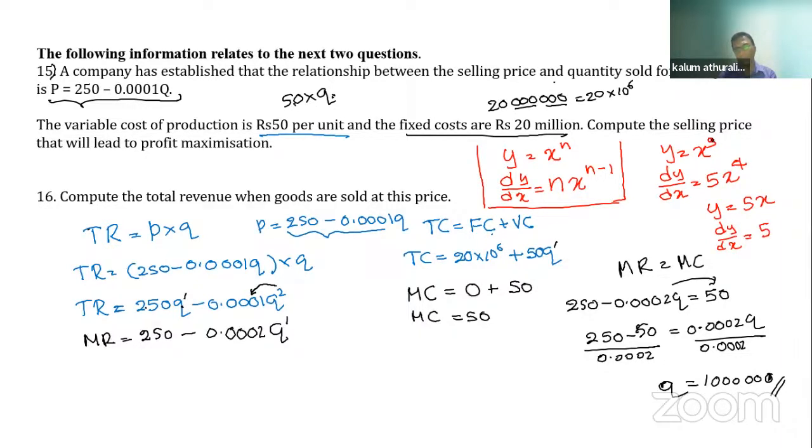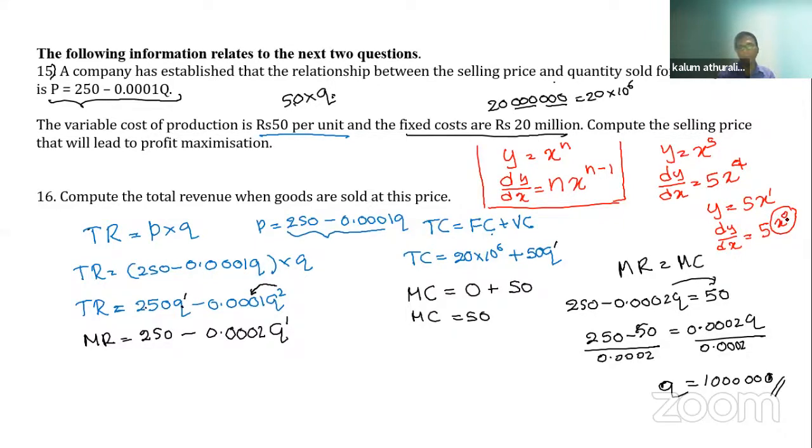The power 1 becomes 0, so x to the power 0, and any number to the power 0 is 1.